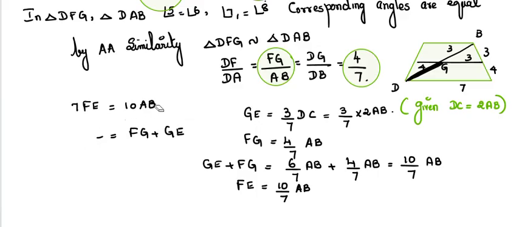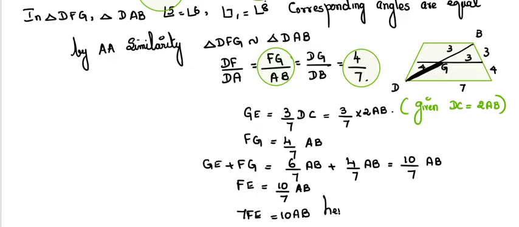Let me erase this. You should not get confused. I think this question will come in your assignment. 7 times FE is equal to 10 times AB, hence proved. You have to do two similarities. That's all. One similarity will happen this way. The other similarity will happen this way.